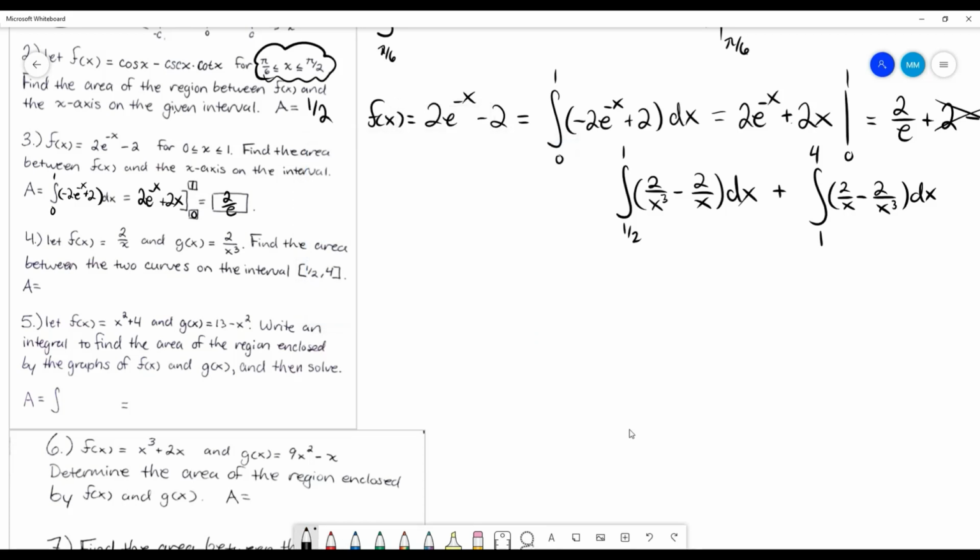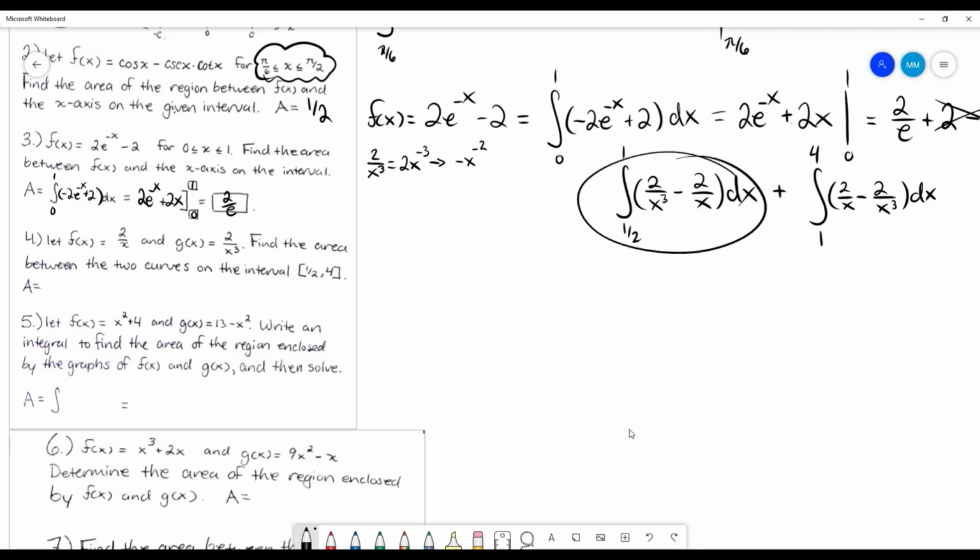So going through this, remember that 2 over x cubed I could think of as 2 times x to the negative third power, which then undoing that power rule, the integral of that would be x to the negative second divided by negative 2, so it's 2 divided by negative 2, which is just negative 1.